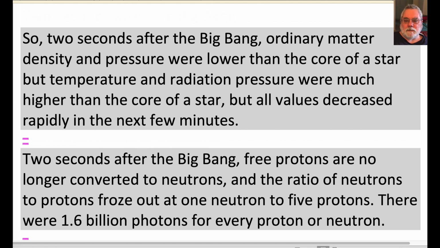Electrons and positrons played no role in the next 5 minutes, except that the net amount of electrons minus positrons exactly matched the amount of protons, so the universe as a whole was electrically neutral.